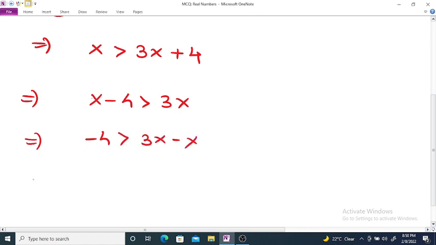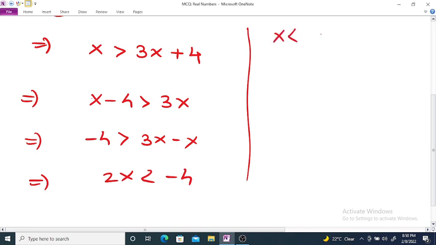This implies 2x is less than minus 4, and if we divide both sides by 2, we get x less than minus 2. Therefore x less than minus 2 implies the solution set is minus infinity to minus 2.